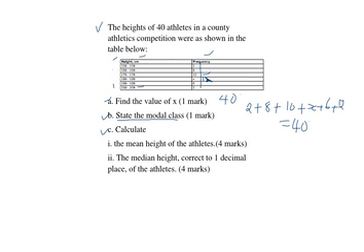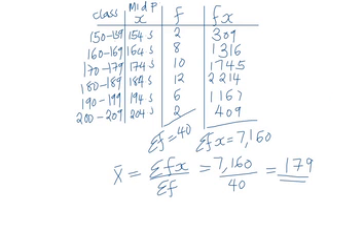Lastly, we are told to find the median height correct to 1 decimal place. So we can make another frequency distribution table.